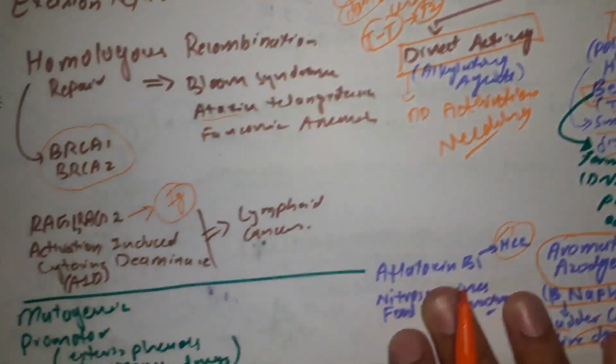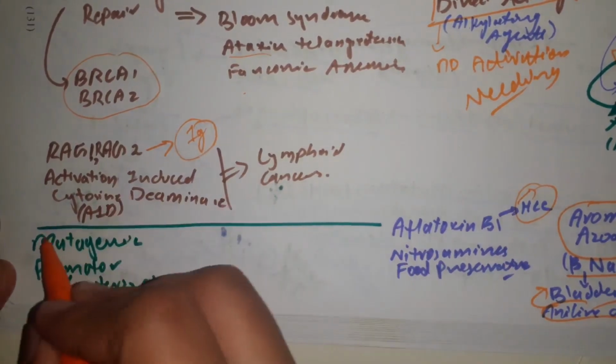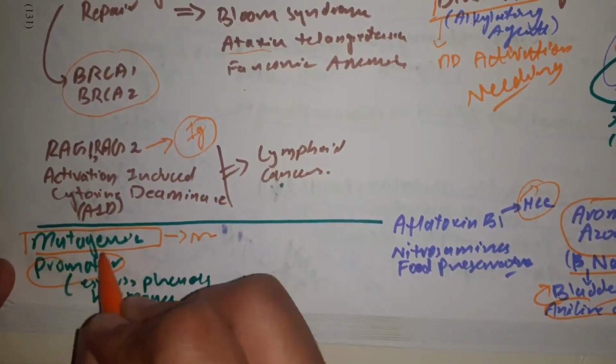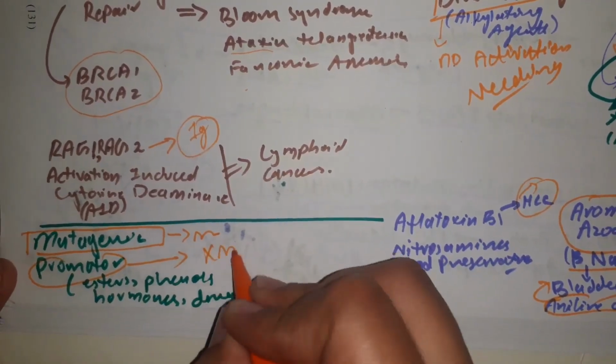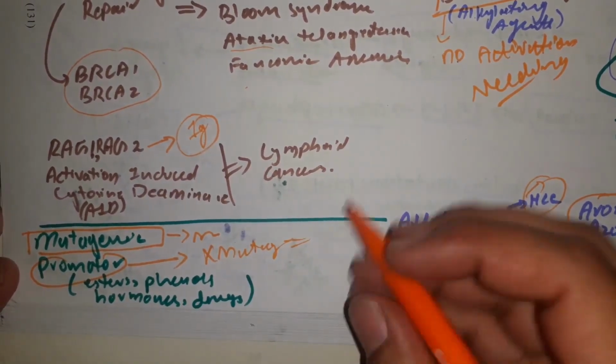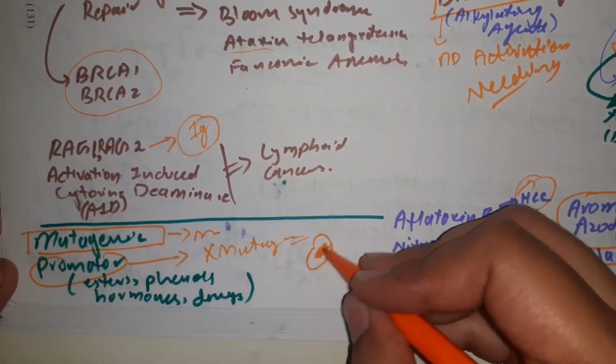Moreover, chemical carcinogens need a promoter to lead to carcinogenic changes. Basically, a chemical carcinogen itself is mutagenic. It induces mutation. A promoter is not mutagenic. However, it amplifies the response of the carcinogen. For example, a cell came and it is defected by a mutagenic agent. So what happens next?